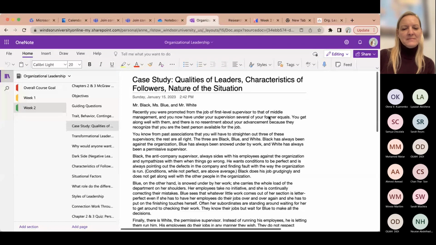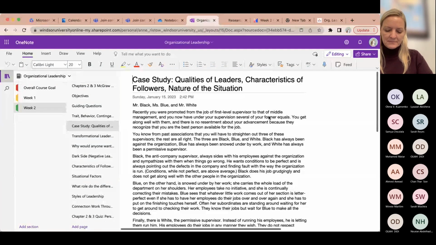I can start. Thank you. I will not give too much detail, but it seemed that the 3 supervisors have a lack of leadership traits. As mentioned, Black is always against the organization, Blue is always snowed under with work, and White is a permissive leader.